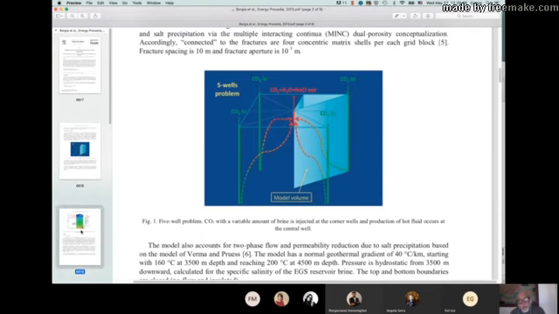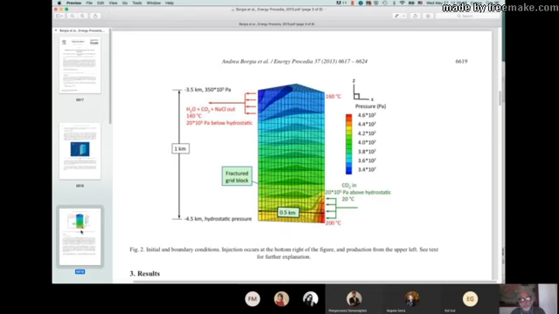These are the cells that your model is composed of. Cells are on the top part 25 meters across and 25 meters in depth, so they are relatively narrow and small cells.